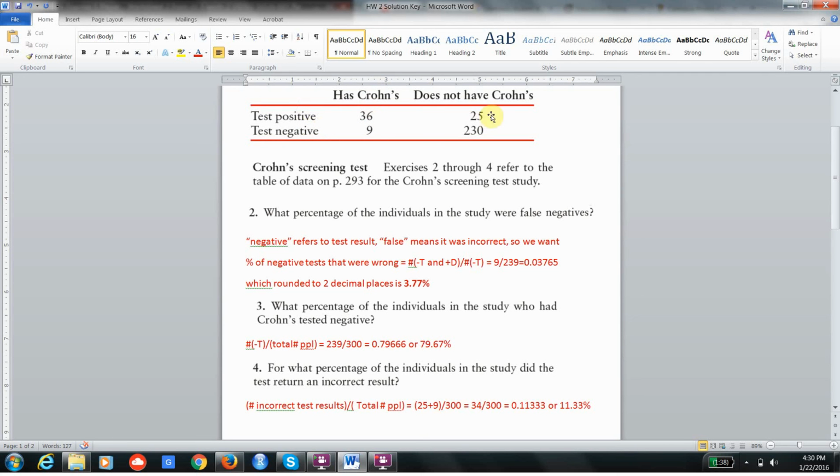But these are also incorrect test results, right? These people don't have the disease, but the test says they do. So these two things added are the total number of people that had incorrect test results. So there's 34 of them, 300 people in our study. So when we compute this, we end up getting 11.33%. Okay.